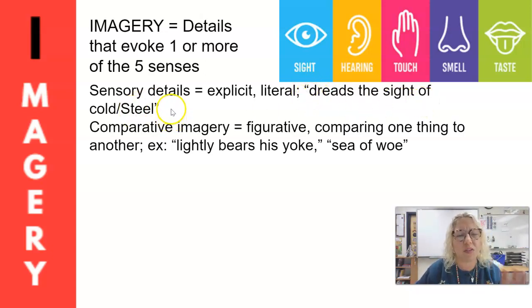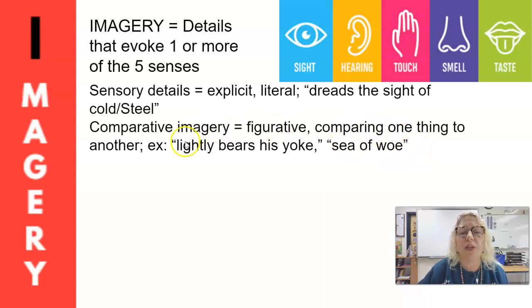Yet it's a specific detail that's explicit, literal, dreads the sight of cold steel. Comparative imagery is much more figurative, where we have something that's not literally happening, yet it still evokes these senses, either sight, seeing, touching, smelling, or taste.